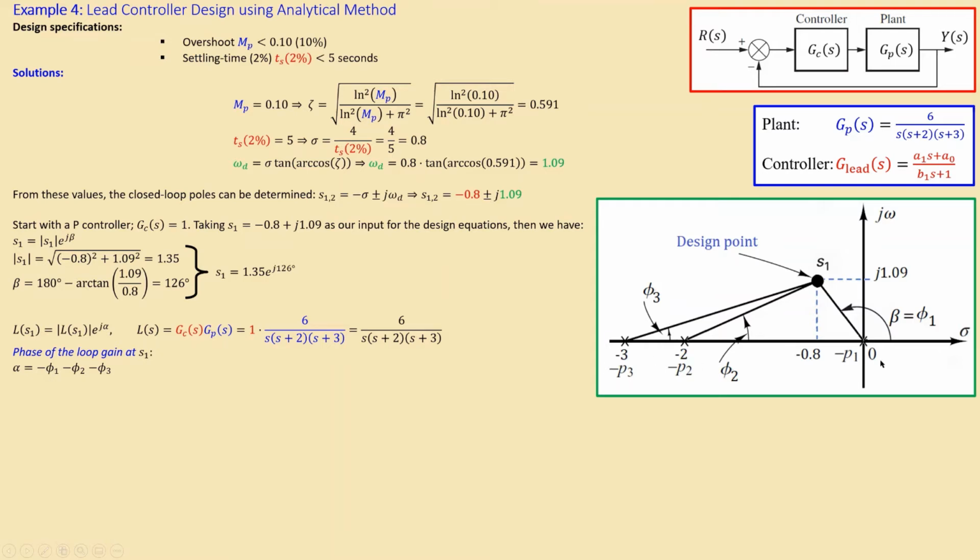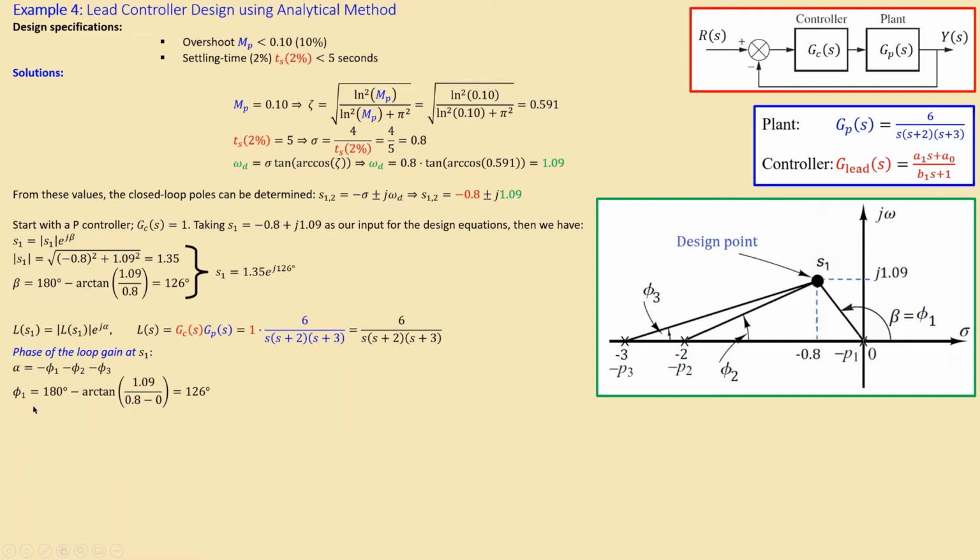So we have the poles at 0, minus 2, and minus 3. So those three phases must be calculated separately, and then we have to add them, and that will be, of course, in summation alpha. Now, since the phase contribution of a pole is negative, I need to also make this negative. So I will calculate phi, but I will make the phases negative.